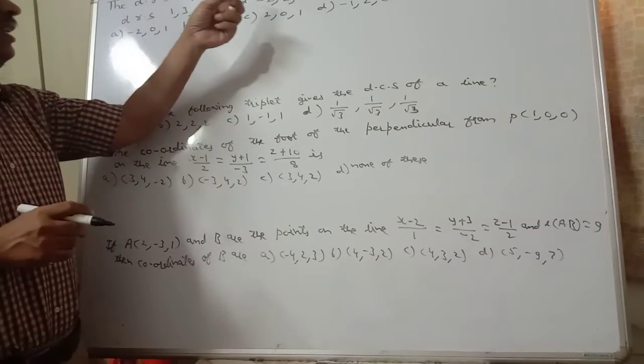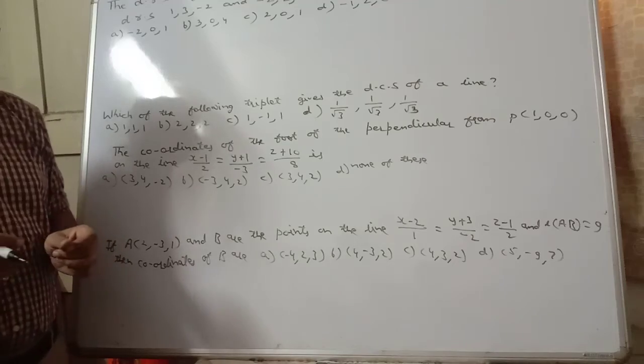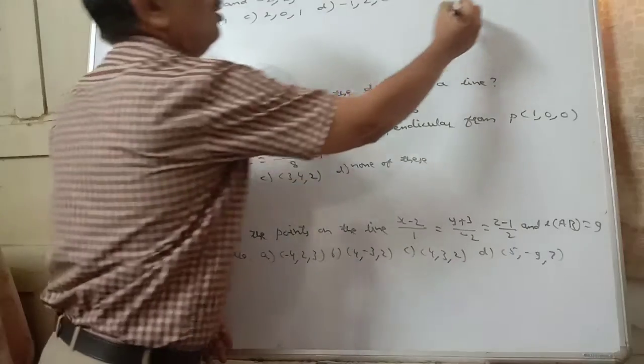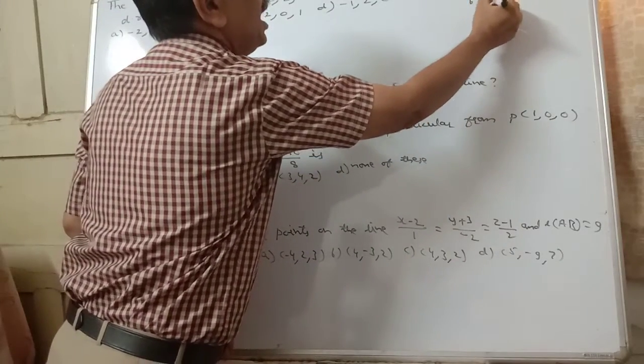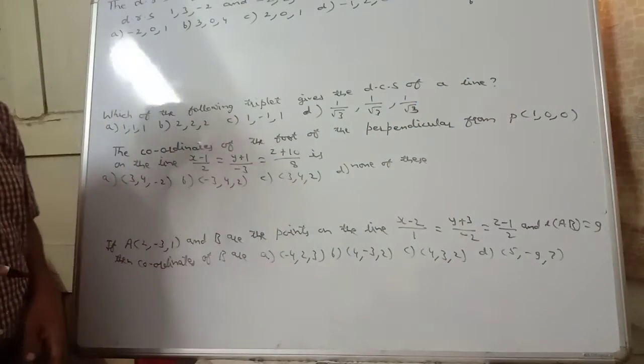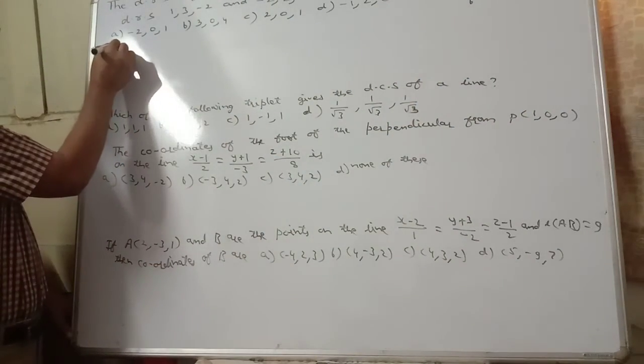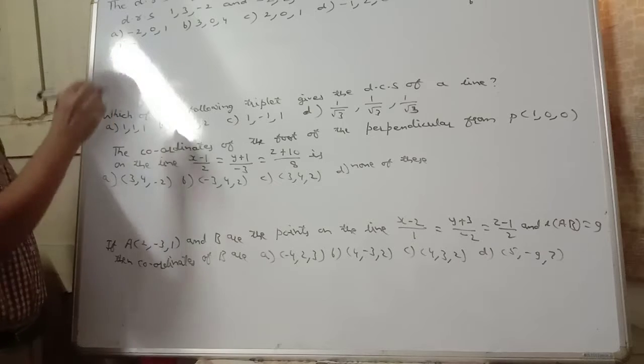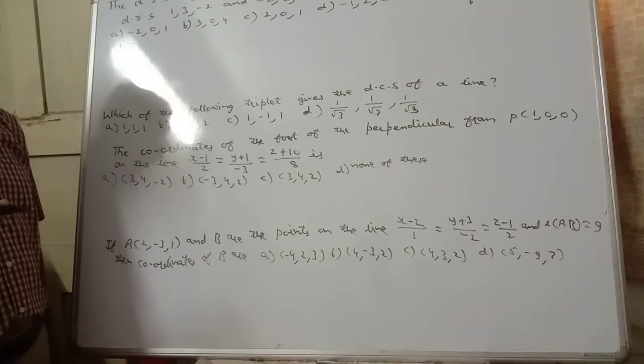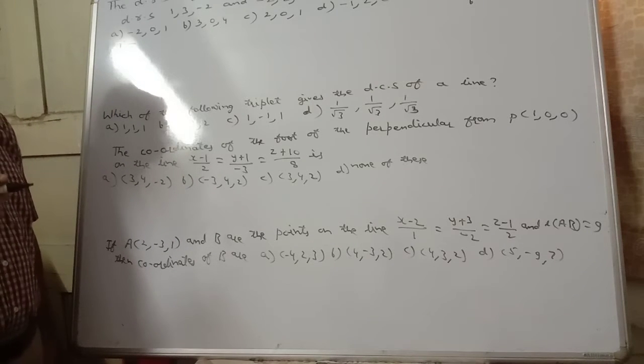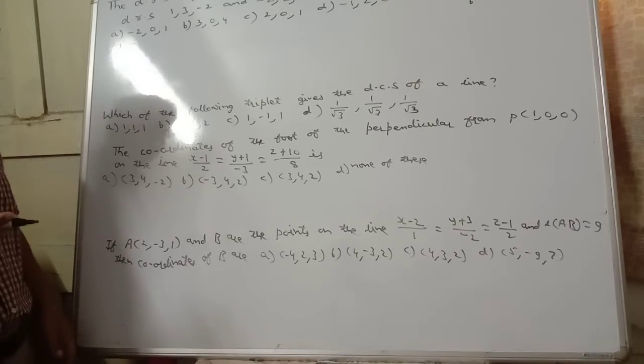Now direction ratios of two lines are given. So we shall find vectors along those two lines. And when we know direction ratios of line, we can write equation of vector along it.